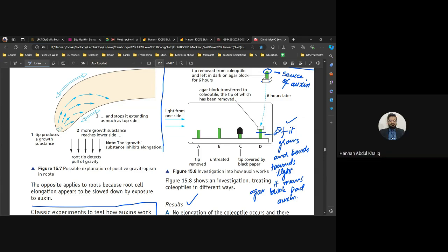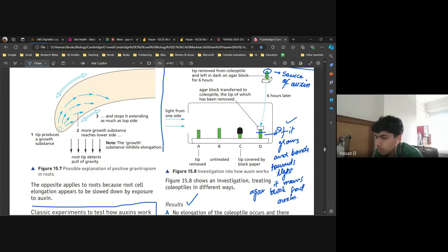No, it was not already present. Look closely at what they did initially. Okay, so because it's now inside the agar block.